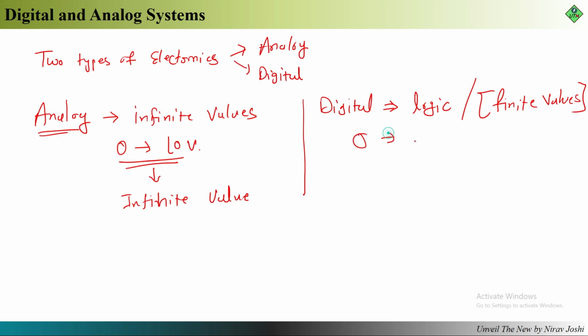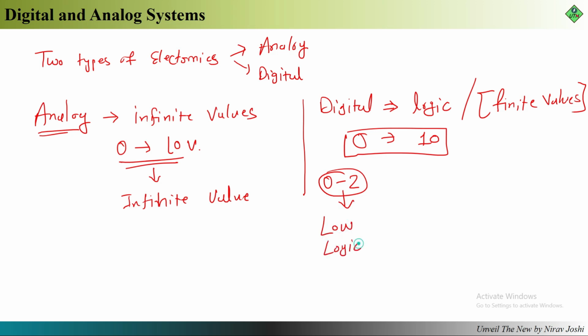If my voltage belongs to 0 to 2, it will be considered low logic, or we can consider it 0. If my voltage is between, let's say, 8 to 10, then it can be considered as high logic, meaning the value is 1.